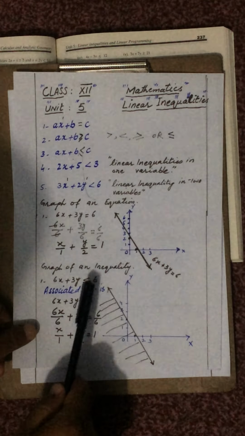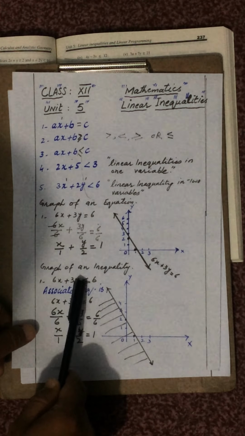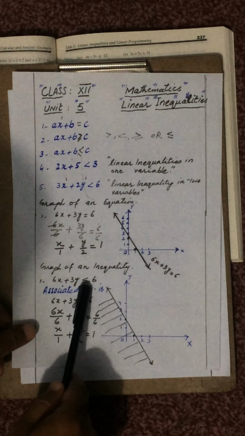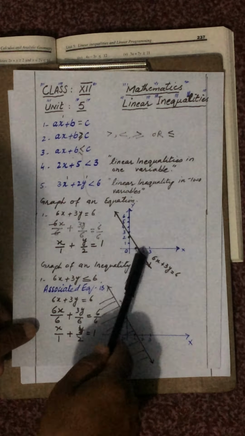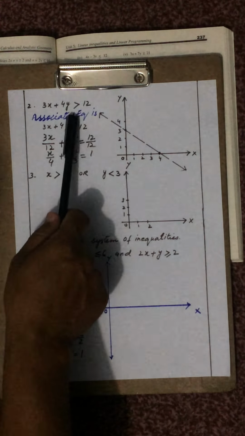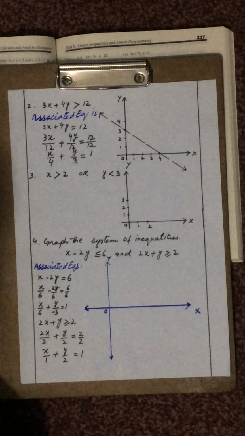There was a less than sign and also an equality. So we draw the graph of the equation first. But in this question, there is no equality here. There is just the greater than sign.